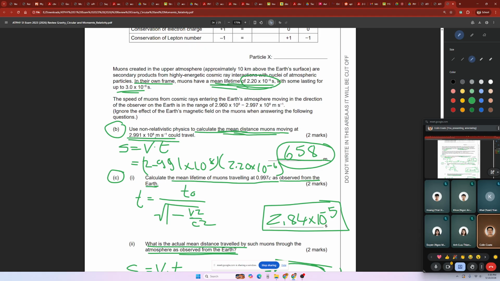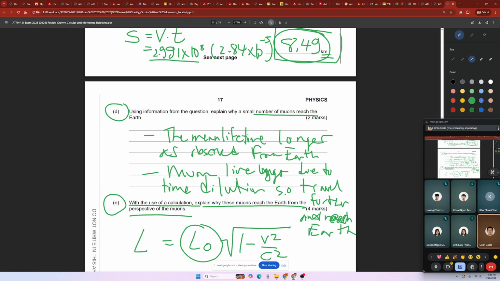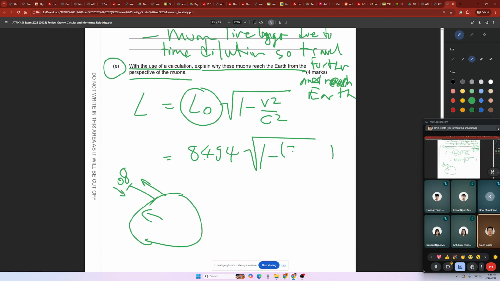There it is. 2.991 squared over 3 squared, times 10 to the power 8 squared, times 10 to the power 8 squared.